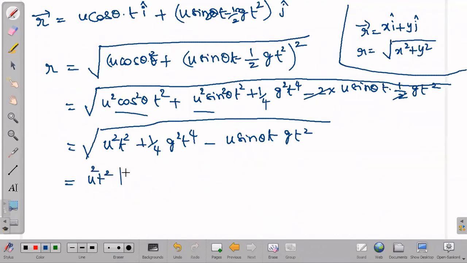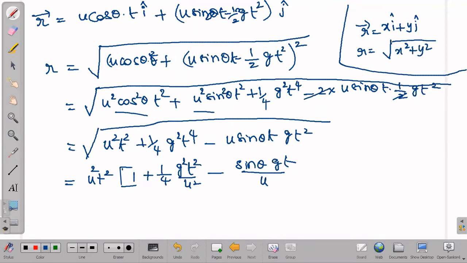So u square t square, if I take it out common, 1 will be left, and here 1 by 4 g square t square by u square I will be getting. If I multiply this again, I'll get back to the same step. Next here, one u is there, so one u will come down: sin theta, this t square also came out, into g t by u. One u came out means one more u will come into the denominator, right?